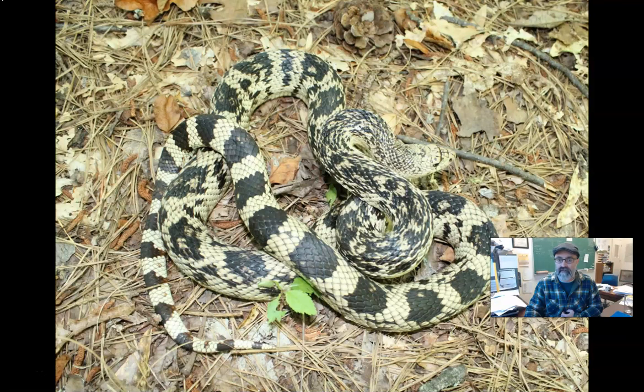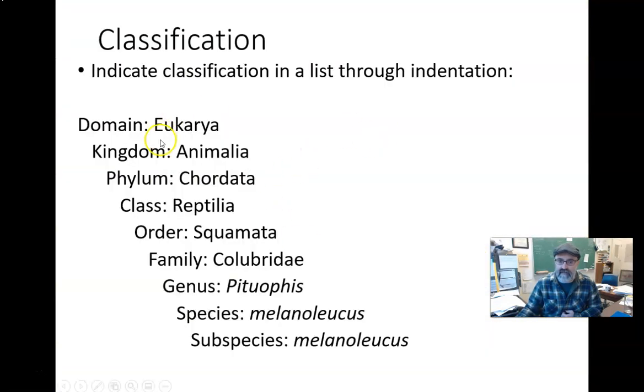Okay, so here's the example of the northern pine snake. It's in the eukaryotes because it has membrane-bound organelles. It's an animal because it develops in a predictable manner. It doesn't have a cell wall, and has other cellular characteristics.